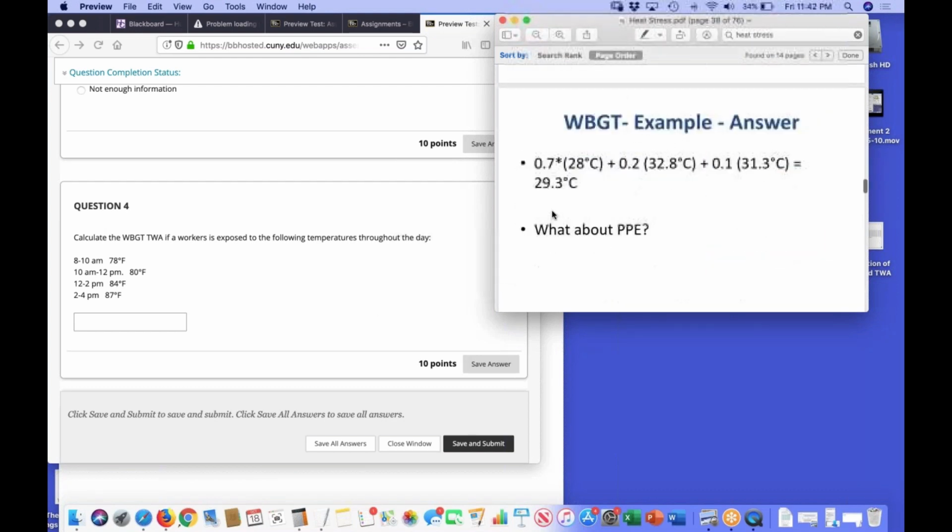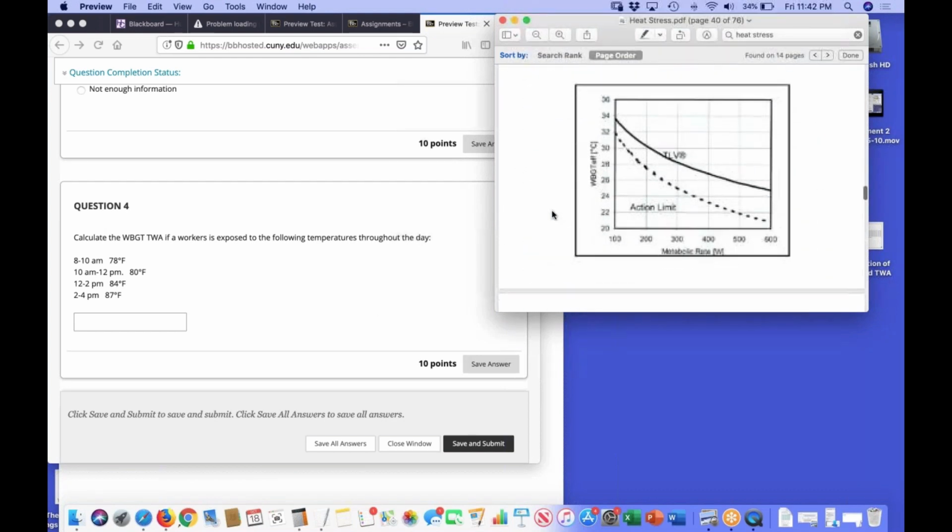Let's go back to our table. 28.9. So we have a metabolic rate of 300, and we have, let me highlight this, a metabolic rate of 300. Whoops, not quite straight. And we have a WBGT effective of 28.9.